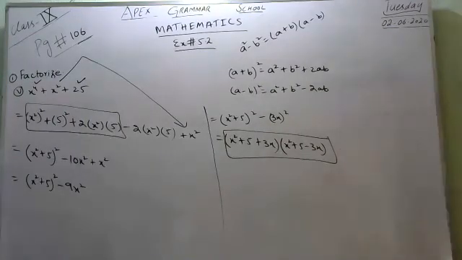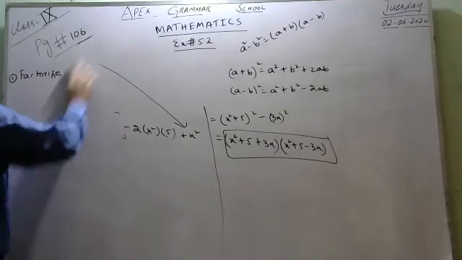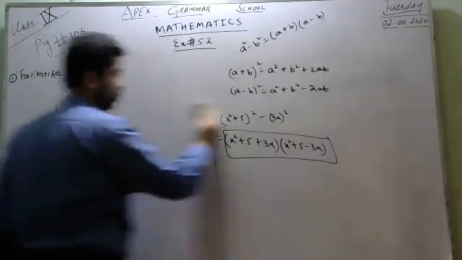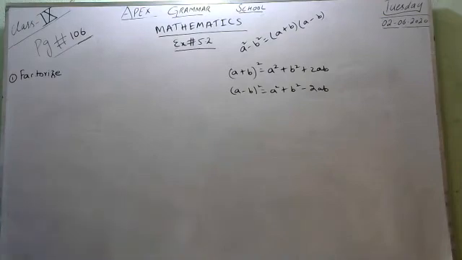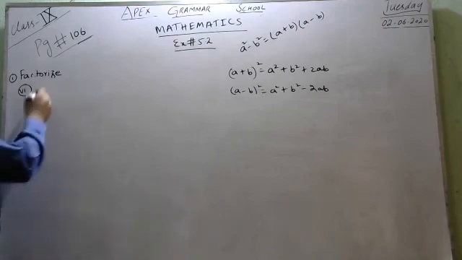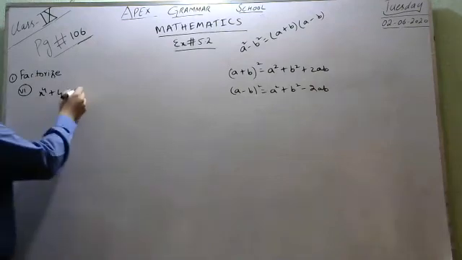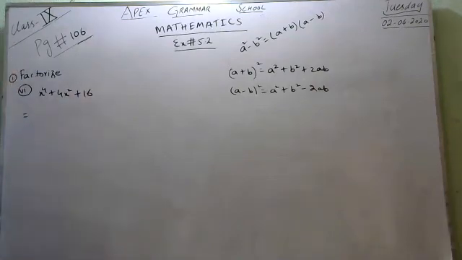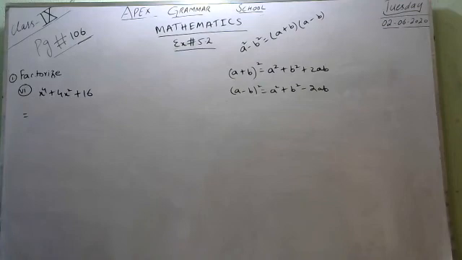For part number 6, that is x⁴ + 4x² + 16. Same just like part number 5. Nothing common here. You have to take two positive squares, but this is also a square, this is also a square.